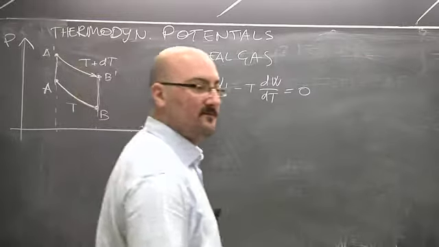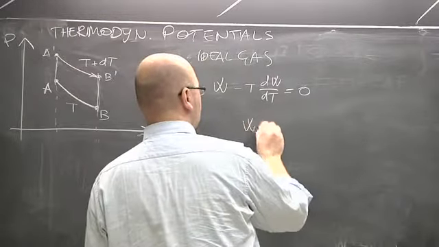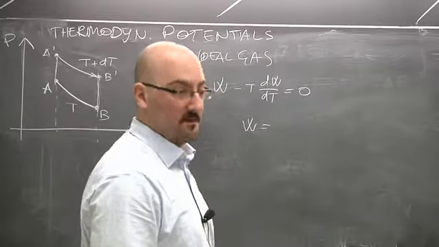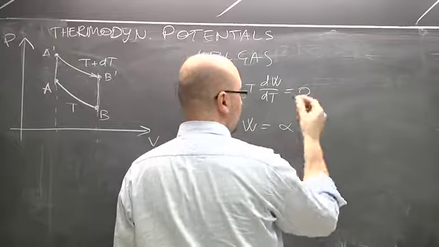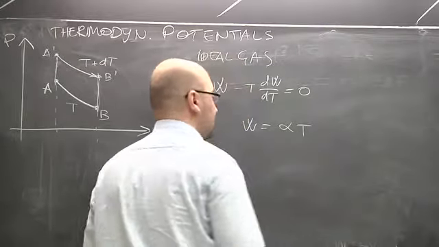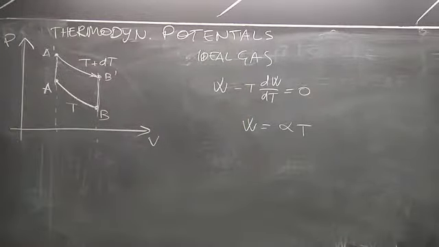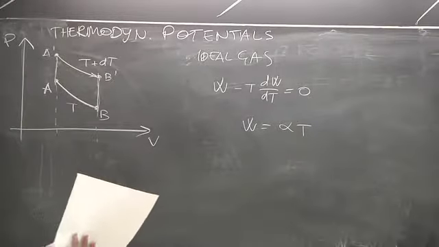W is proportional to T. Let's write the proportionality constant alpha. W is alpha T. Is this correct or not? For the ideal gas, we can do the calculation exactly.